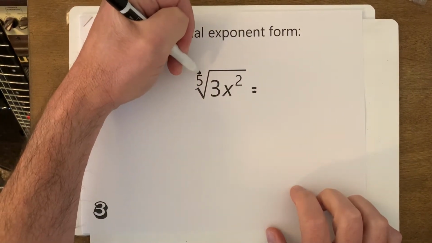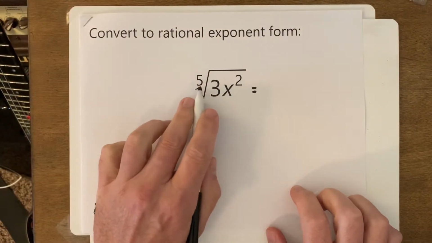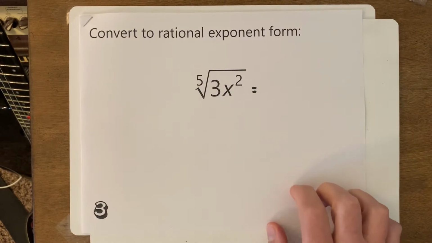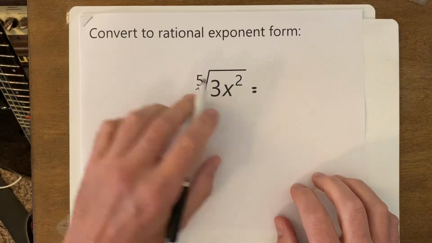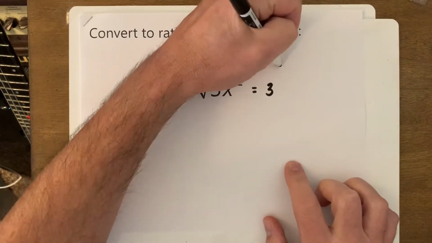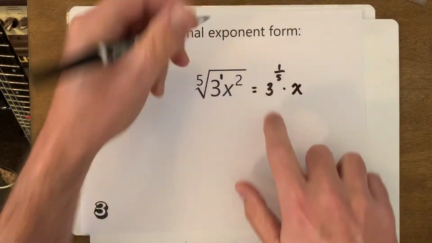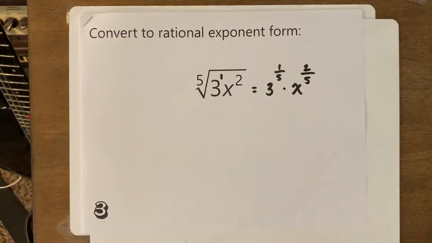But the better thing to do is to think of this as the 5th root of 3 times the 5th root of x squared. So you might want to write this as 3 to the 1/5 times x to the 2/5. So that's one way to do it.